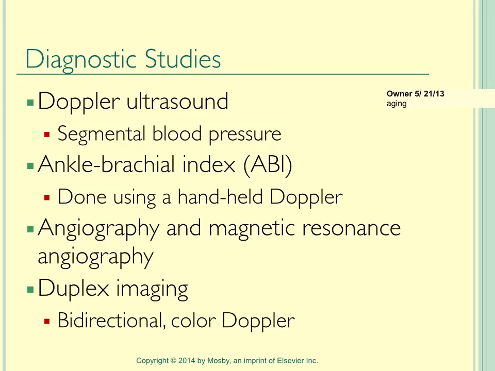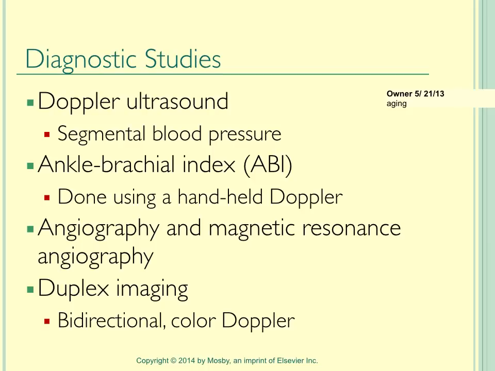Usually it's the higher one of both. We have brachial in two places, and then we have two ankles. So whichever is the higher systolic blood pressure on these two spots, you divide them, and that is your ankle brachial index.